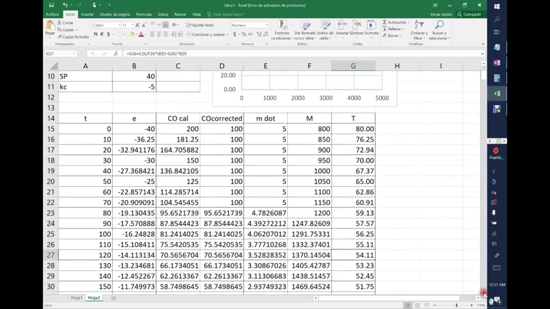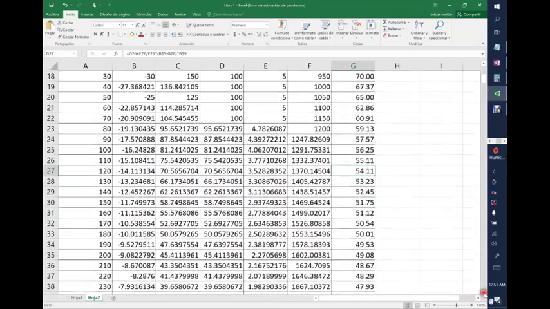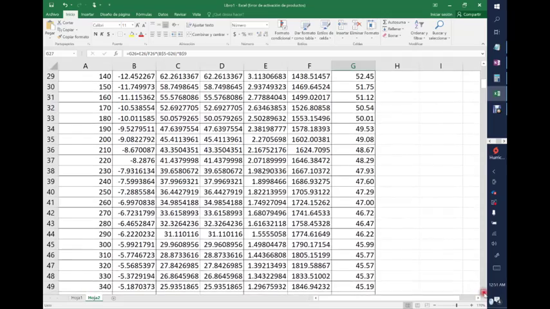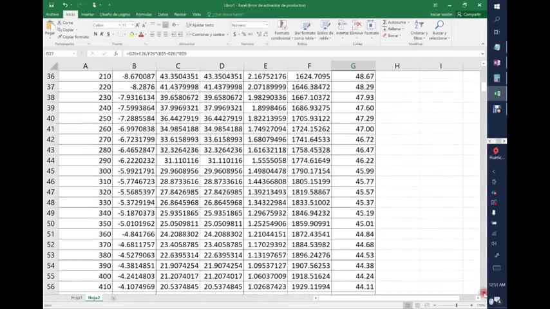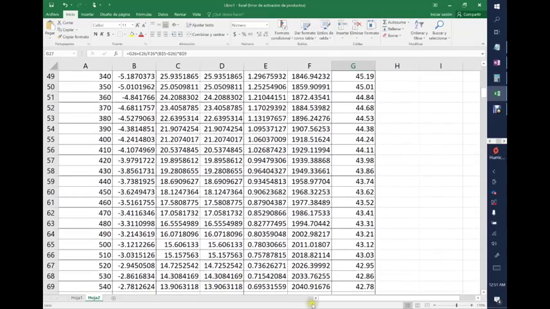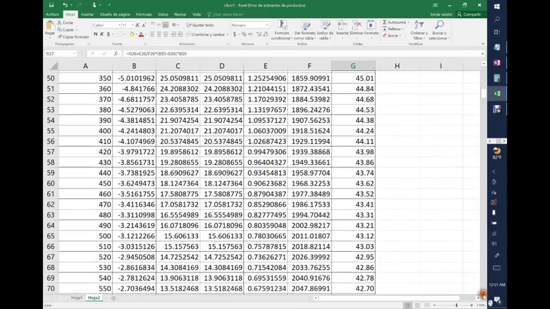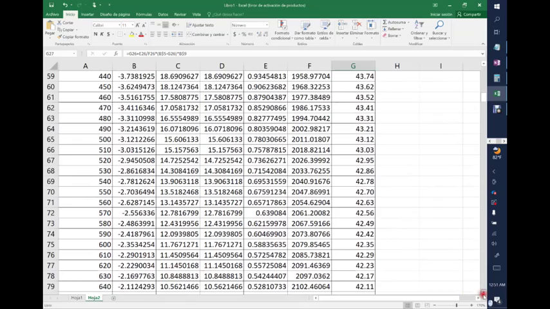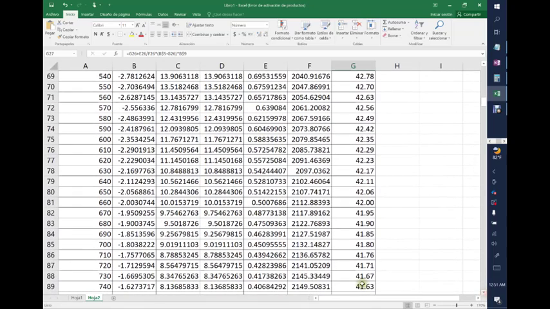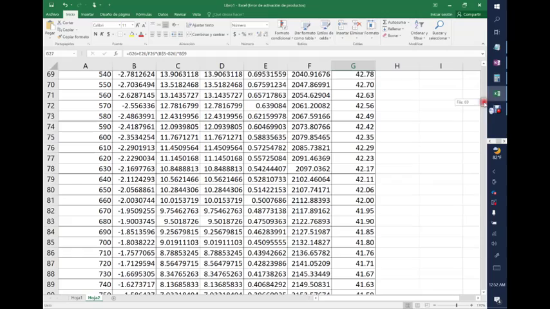Remember, the set point is 40. We're looking for 40, and within several minutes we are pretty much there, with the error getting smaller and smaller as we go, until eventually the amount of material being added is very small, as you can see here, very tiny.